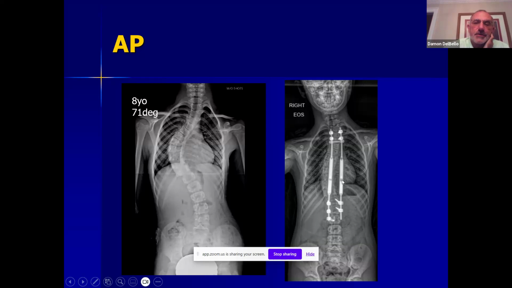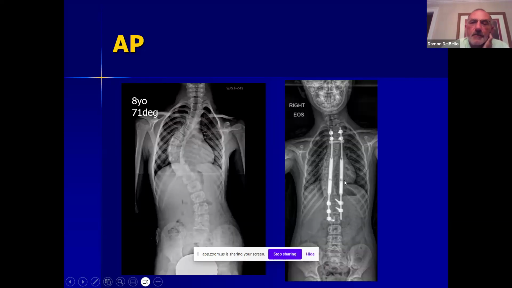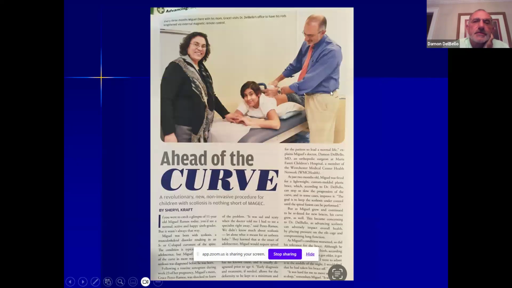And the way it works is we use this magnetic device externally, and this drives a motor. Let me go back. There's a motor and a set of gears and a magnet inside the rod. And this handheld device spins that rod and set of gears and expands the rod.